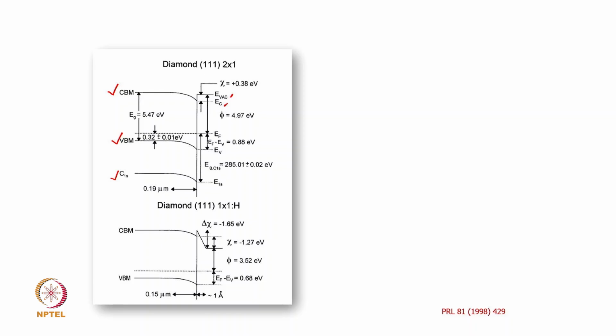So, how do we define the electron affinity? We define it as the vacuum energy minus the conduction band energy, chi, and this value for diamond is positive. And how do we define the work function? This is the energy required to take an electron from the Fermi level to the vacuum level, and this value is 4.97 electron volt.